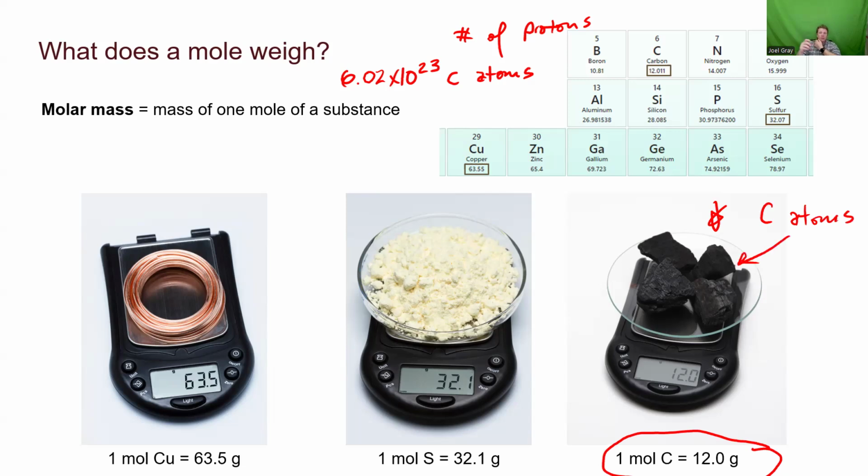Well, it'd be 1 mole of carbon atoms, which is 6.02 times 10 to the 23rd carbon atoms. So refreshing. Now, sulfur. If you have exactly 1 mole, 6.02 times 10 to the 23rd sulfur atoms, they're going to have a collective mass of approximately 32.1 grams. Copper is 63.5 grams. So the masses of these moles of these substances vary a little bit.